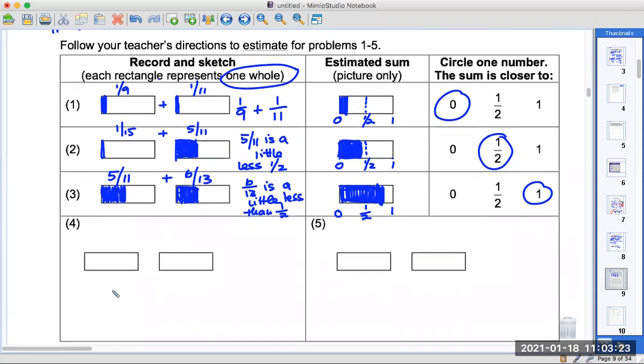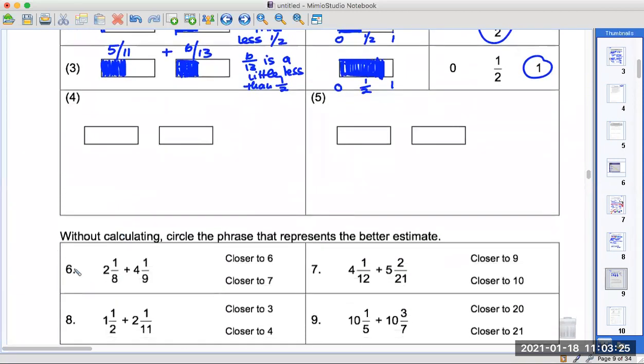And now this one, 4/7 plus 3/5. 4/7. Is it greater than 1/2 or less than 1/2? Greater than 1/2 because you got 4 out of 7 pieces. 3/5, you got 3 out of 5 pieces.